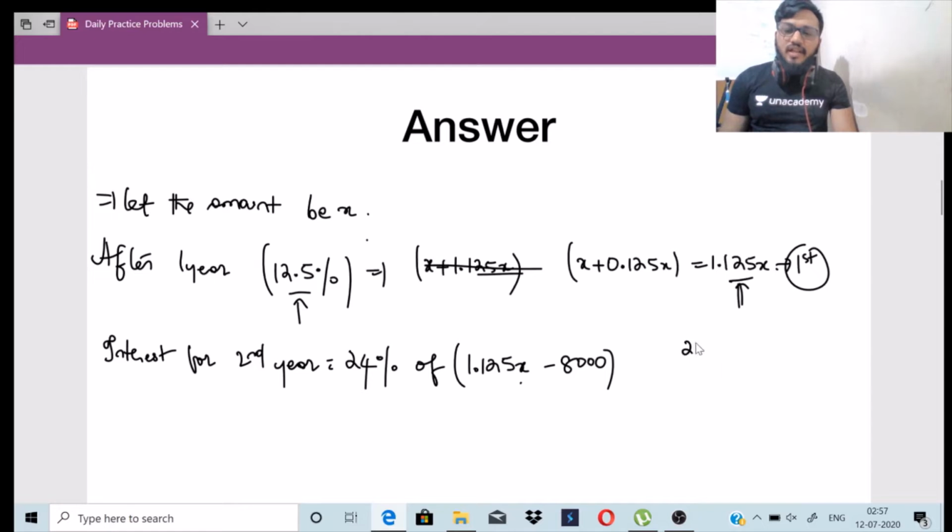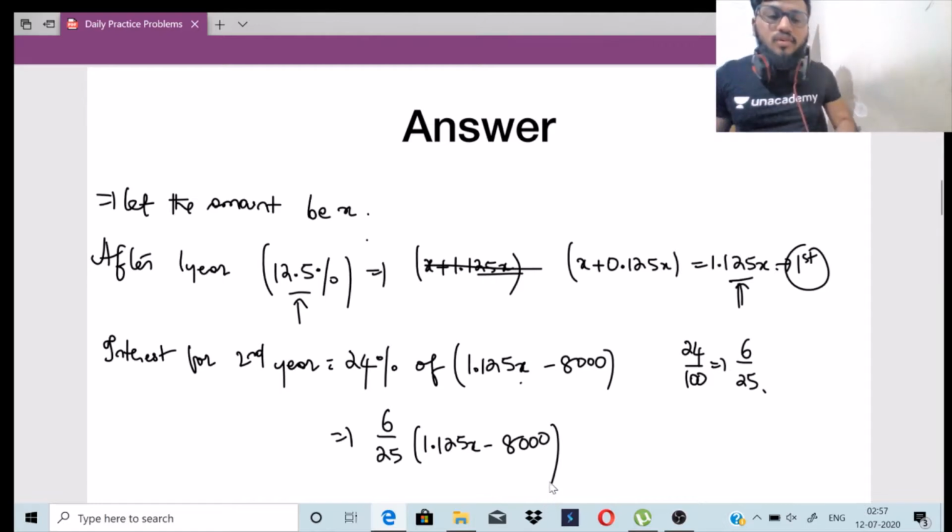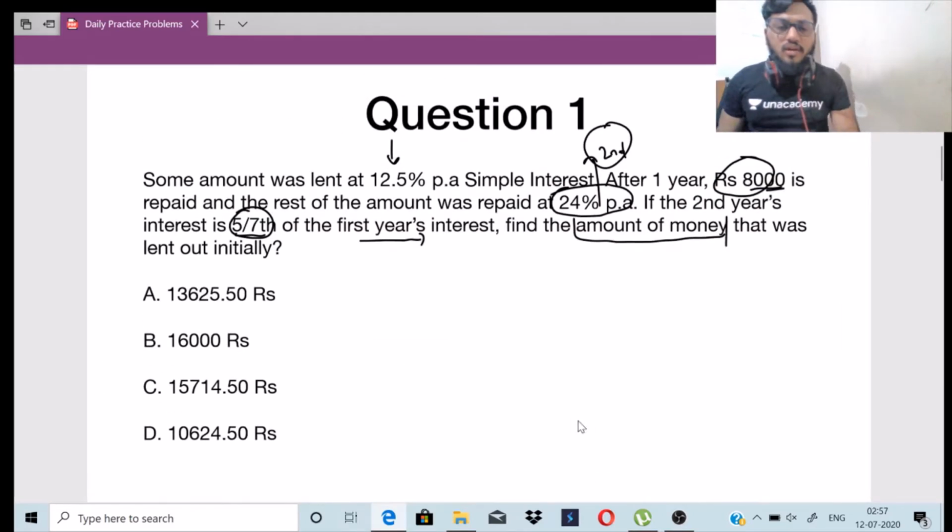If you say 24%, 24 by 100, which is nothing but 6 by 25, right? So I can write this as 6 by 25 of 1.125x minus 8,000. This is the second year's interest. This is equal to 5 by 7th of the first year's interest.